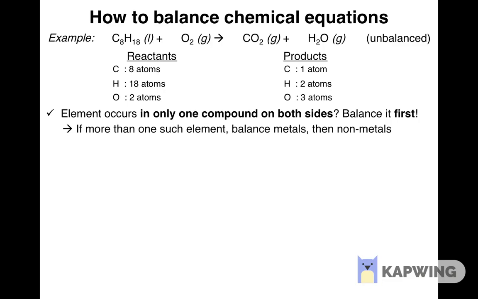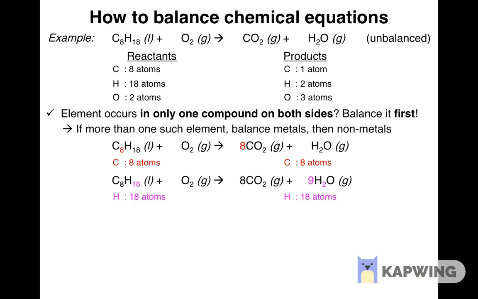So we can place a coefficient of 8 in front of the carbon dioxide molecule to balance the number of carbon atoms. There are 18 hydrogen atoms in a propane molecule and only 2 hydrogen atoms in a water molecule. So we can place a coefficient of 9 in front of the water molecule to balance the number of hydrogen atoms.